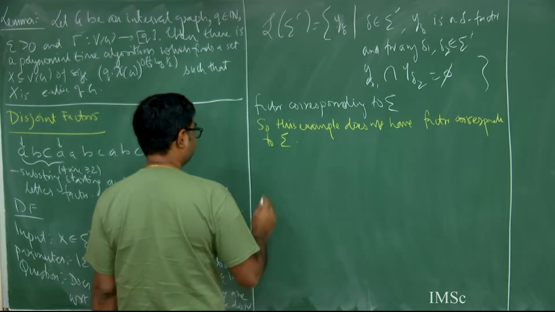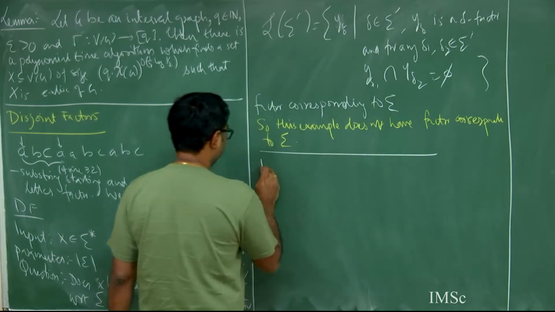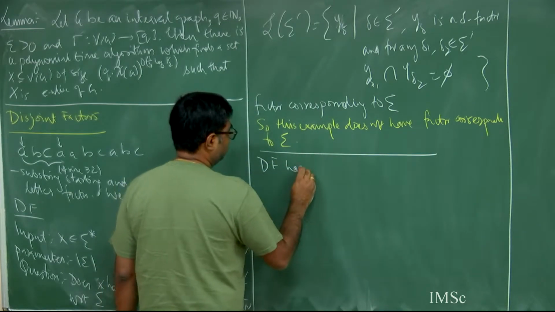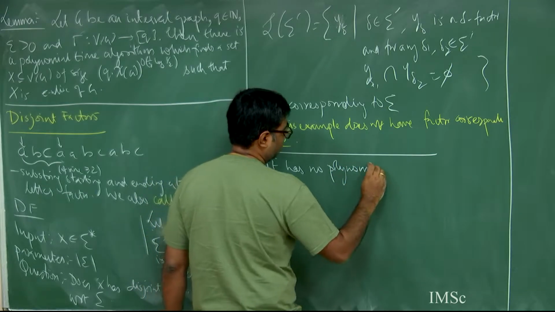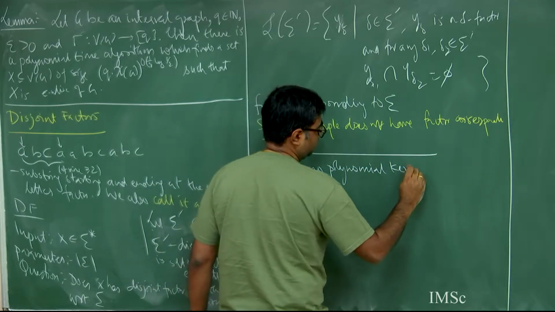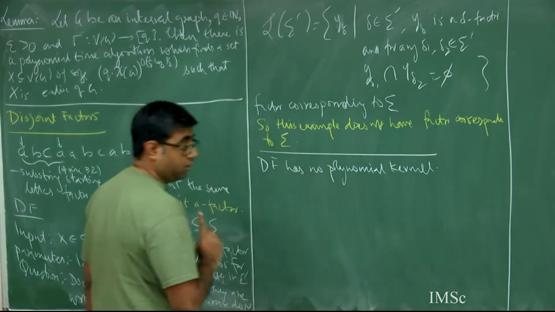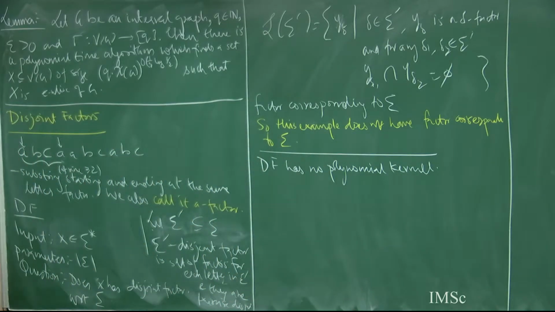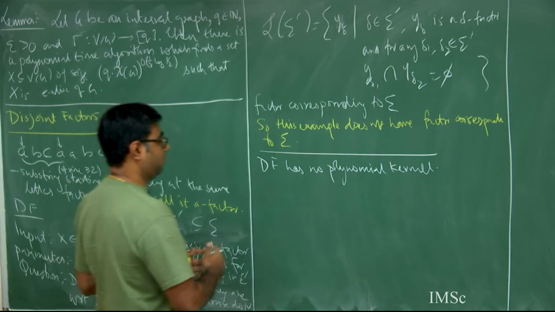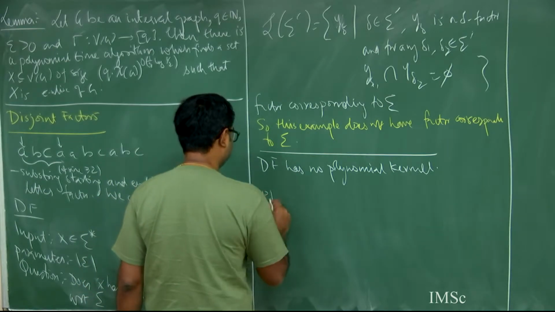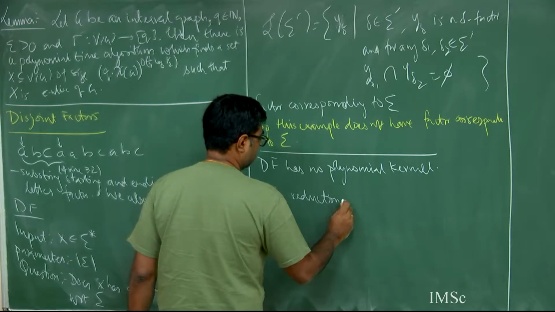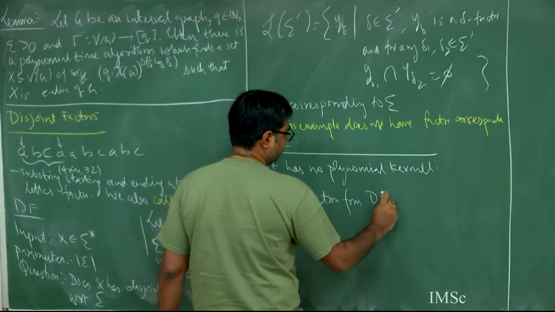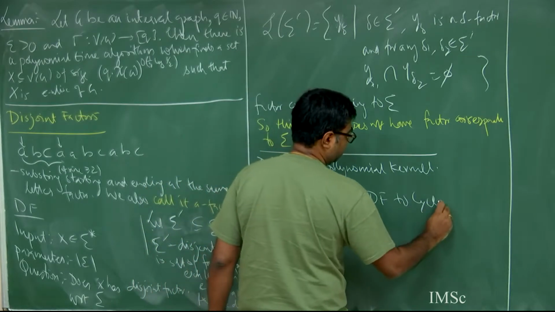Now, they studied this decision version of the problem and showed that disjoint factor has no polynomial kernel. From here you can show that cycle packing does not have a polynomial kernel. How? Suppose I give a polynomial time PPT reduction from disjoint factor to cycle packing. And what is cycle packing?